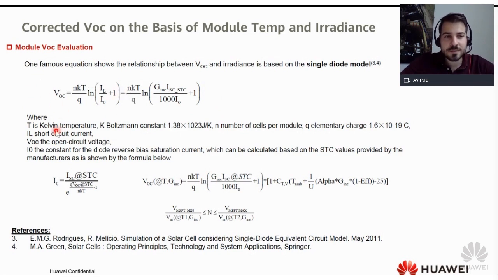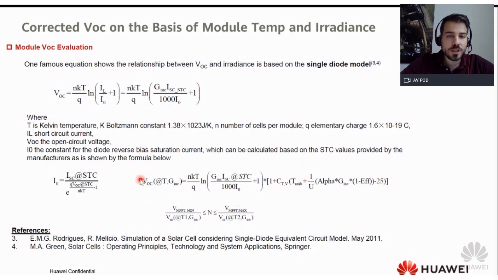In this we have T in Kelvin, the temperature, k the Boltzmann constant, N the number of cells per module, q the elementary charge, IL the short circuit current, and VOC, the open circuit voltage. And we have I0, the constant for diode reverse bias saturation current, which is stated by the manufacturers, as you can see here. If we insert this value into this equation, we are left with this quite long equation.